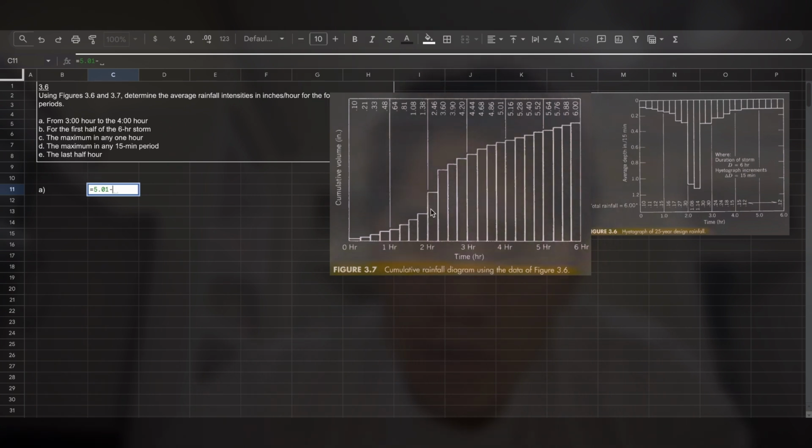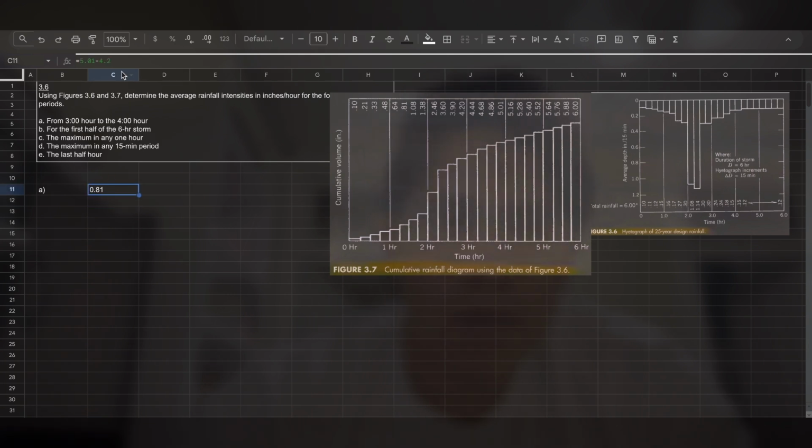We subtract the lowest value at the beginning of the third hour. Sorry, it will be 4.20, because that's how the third hour started. And then divided by the time that happened between these two values, which is only 1 hour.